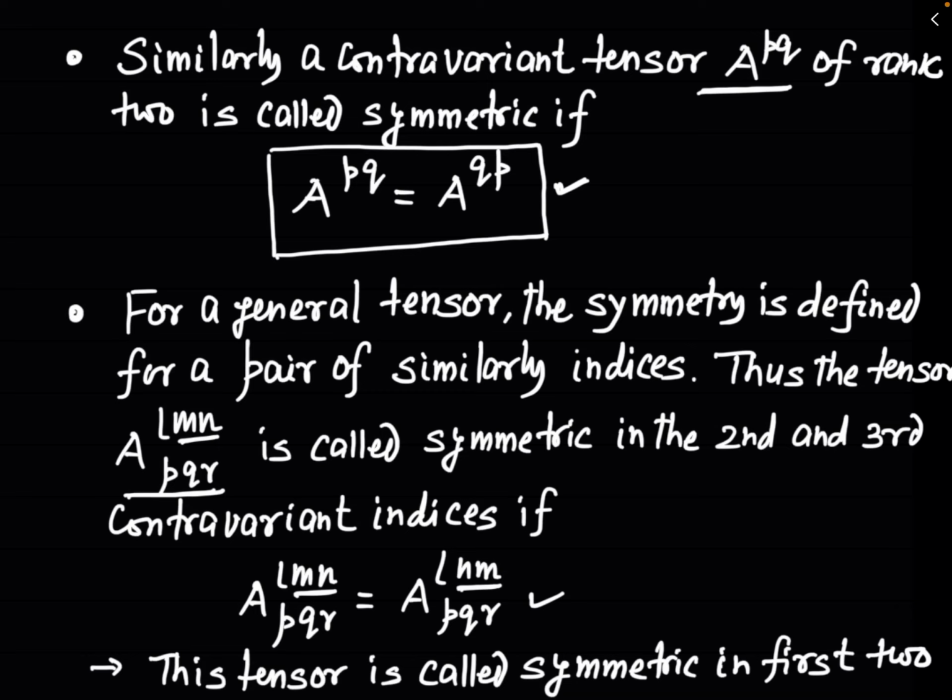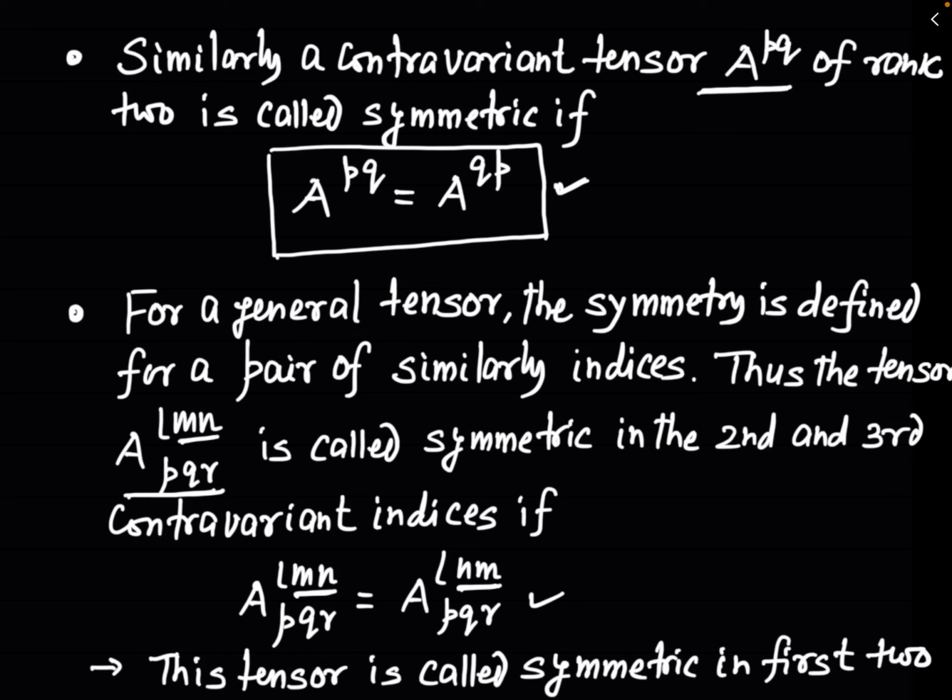Here we have defined the symmetry with respect to the second and third contravariant indices. So this tensor A is called a symmetric tensor with respect to the contravariant indices M and N only when A, L, M, N, P, Q, R is equal to A, L, N, M, mark this, N, M, P, Q, R.